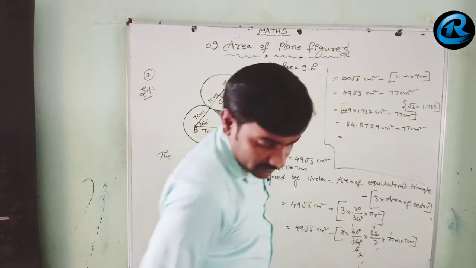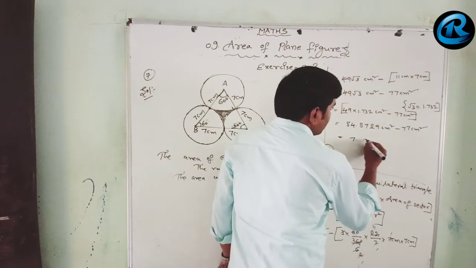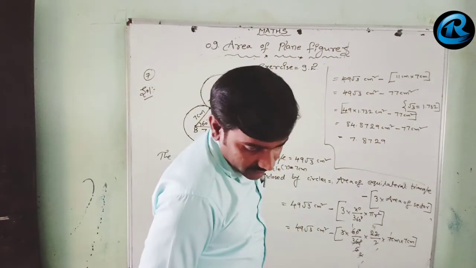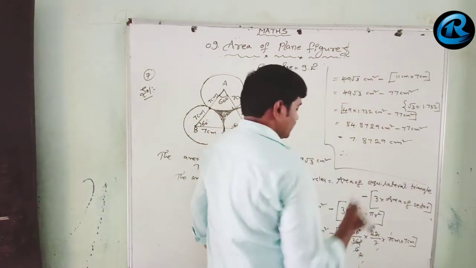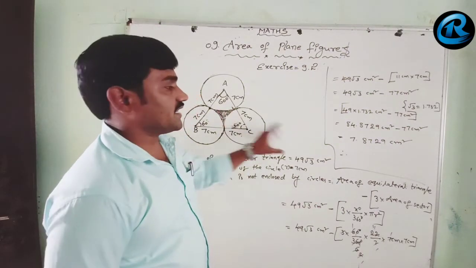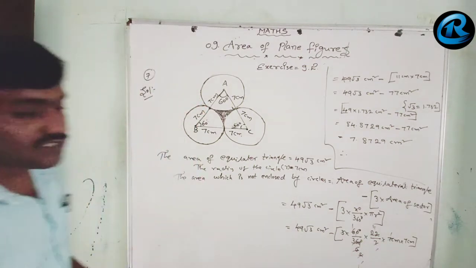When you subtract both, you will be getting like 7.8729 centimeter square. And write the therefore: the area which is not enclosed by 3 circles equal to 7.8729 centimeters square.